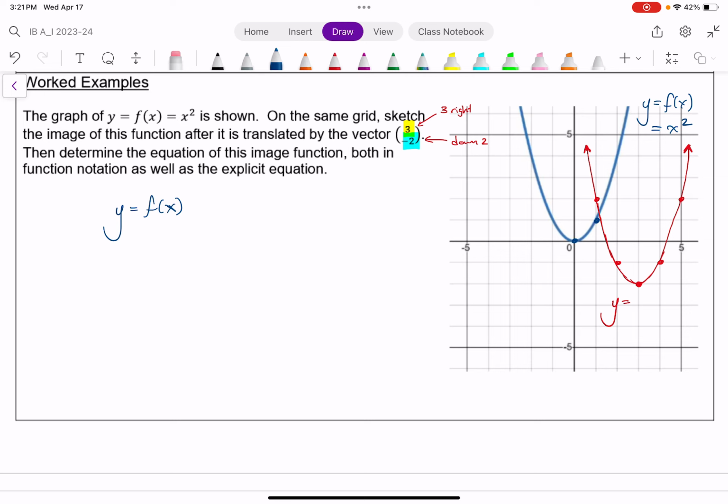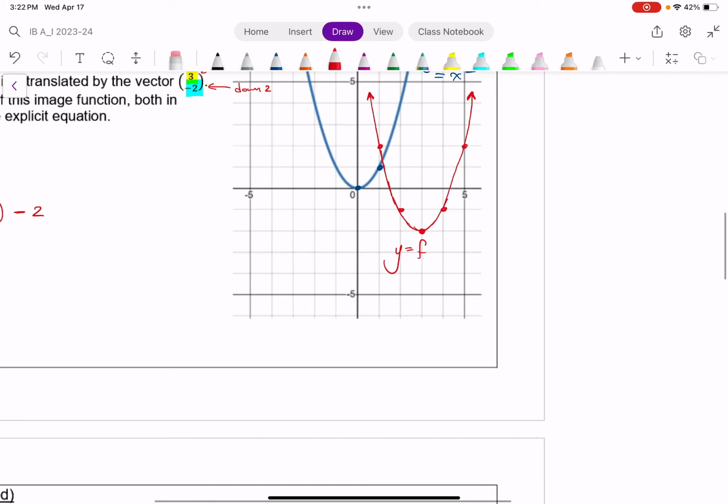So if I write this part, y equals f of x minus 3, just that represents the translation 3 to the right. I also want to move it down 2, and to do that we subtract 2 from the entire function. And so here's my answer in function notation, which I'll write right here: f of x minus 3, minus 2.